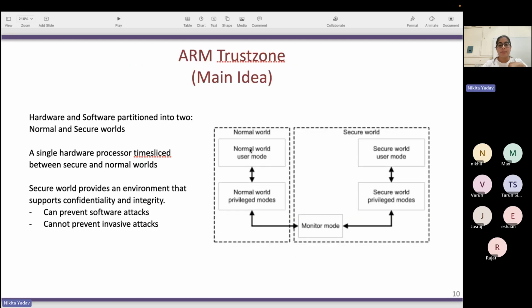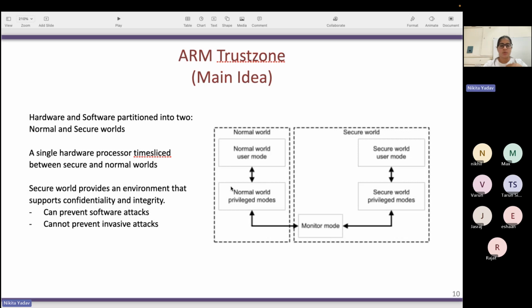And as the application developer, you can call the API provided by the OS. Let's say your OS is providing a system call API, which is say call TEE. So in your application, you will use call TEE and pass your arguments.